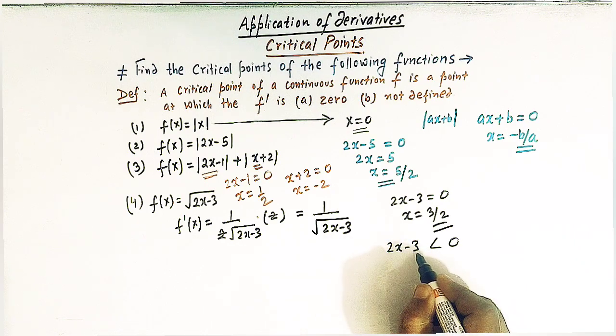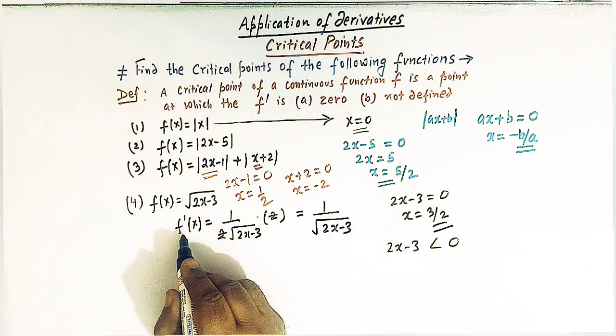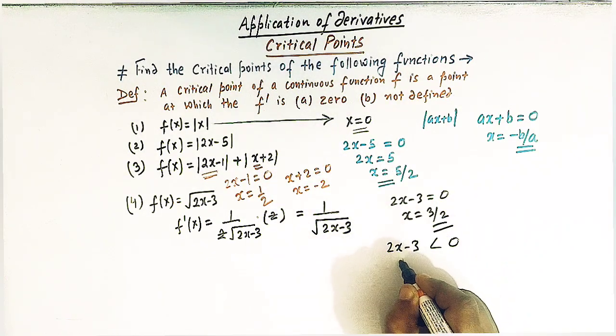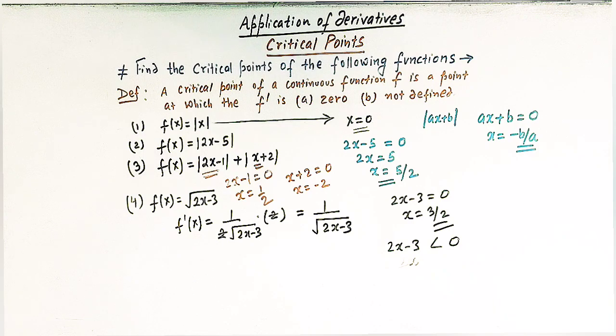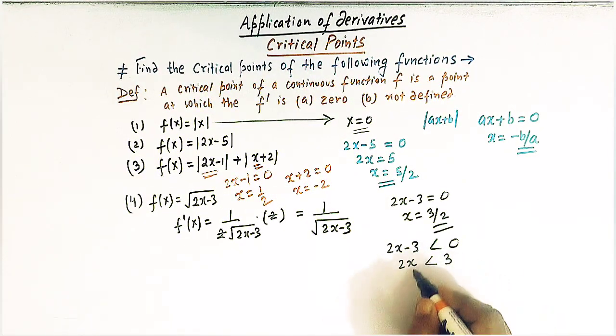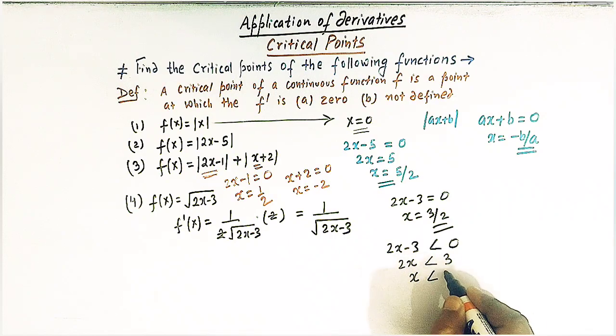So for 2x minus 3 less than 0, the derivative is not defined, right? So we have 2x less than 3, right? So we have x less than 3 by 2, right?